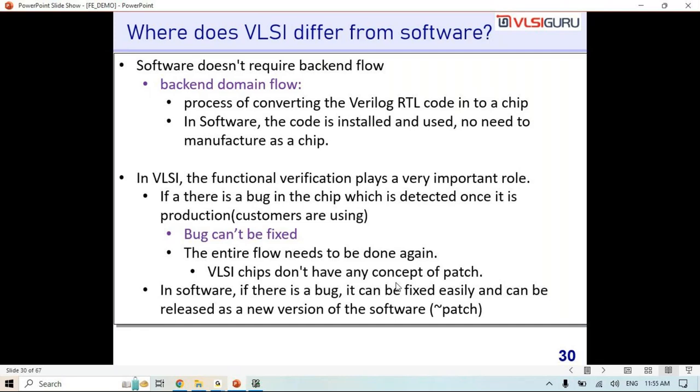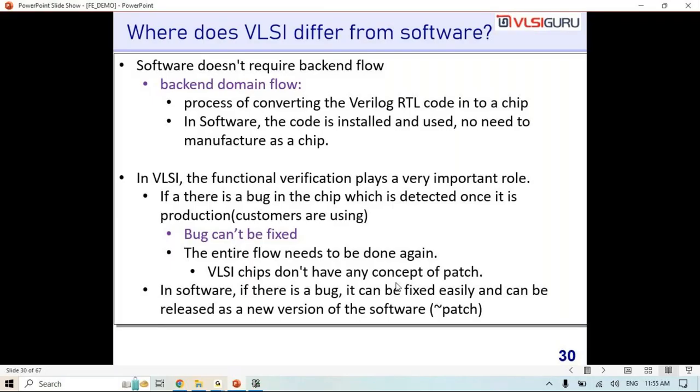Functional verification course. That's why it plays a very important role. In software, it's not so important, because even if there is a bug, the company will not close down. They'll identify the bug, fix it, and release a software patch. In VLSI, you cannot release a patch, you have to redo the entire thing.